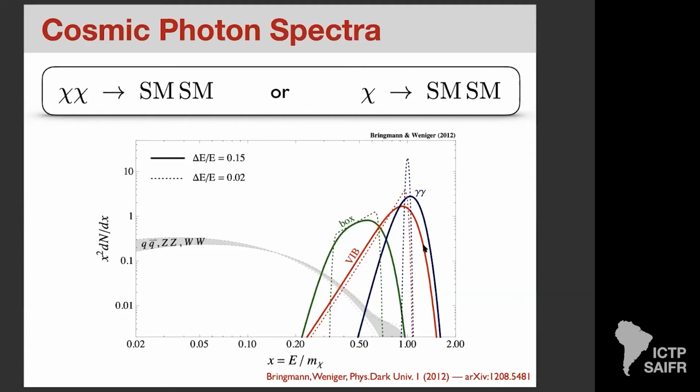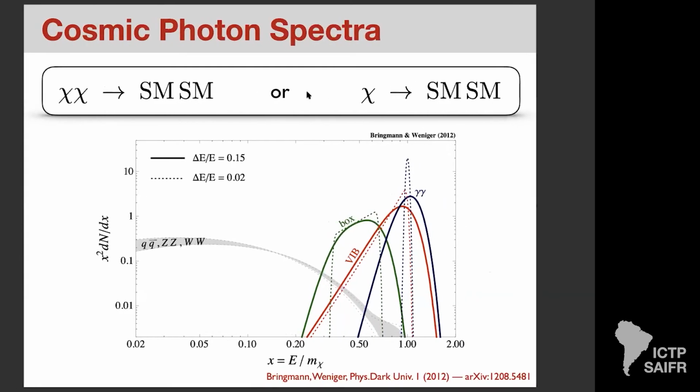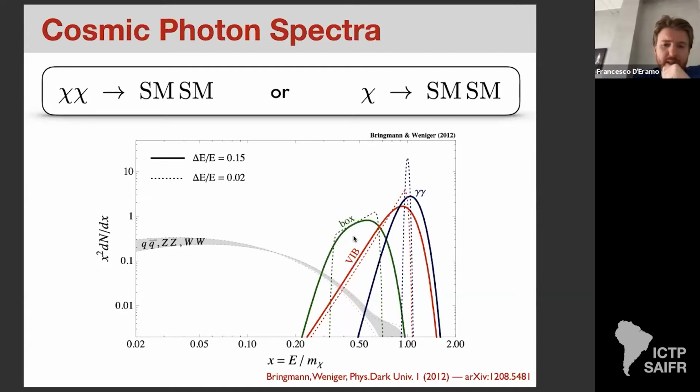Okay, there is one more question. Do you want to take it now? Yes, there is time. So from Anupam: how can we confirm that a hard photon is coming from dark matter annihilation? I don't understand the question, sorry.